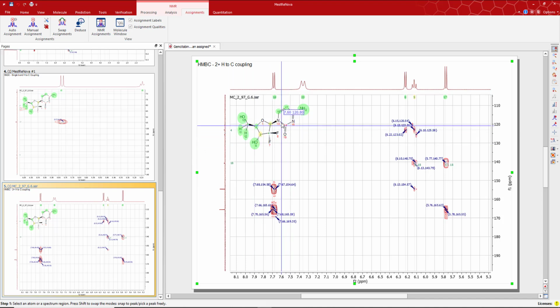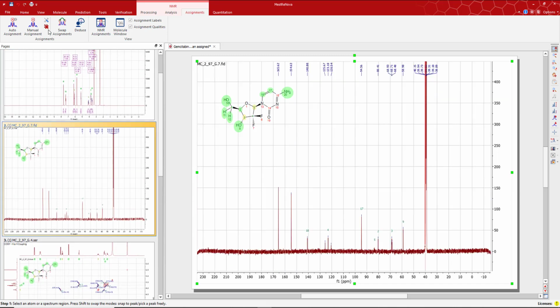Therefore, we can know very confidently that the signal at 154 ppm is going to be our carbonyl carbon, and our signal at 165 is the last unassigned peak in the spectrum, carbon 16, which is the quaternary carbon bonded to carbon 17 and the two nitrogens.